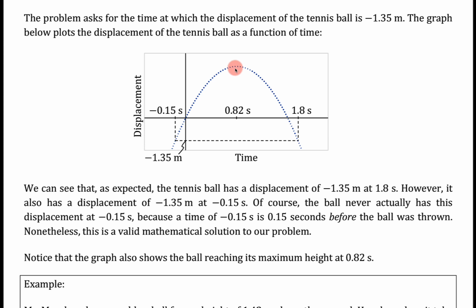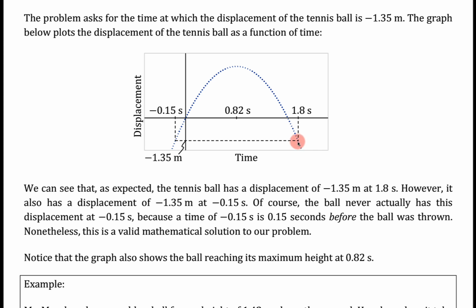We found that in part A. And then at 1.8 seconds, it has a displacement of minus 1.35 meters. So at 1.8 seconds, the ball reaches a position that is 1.35 meters below where it started.